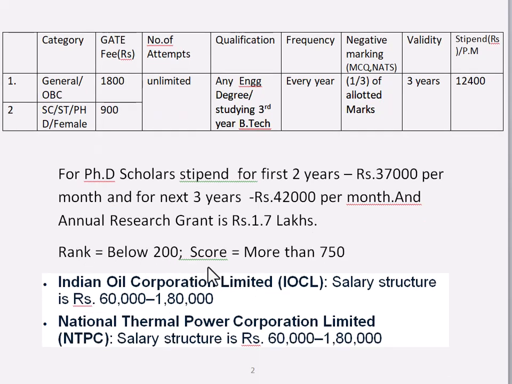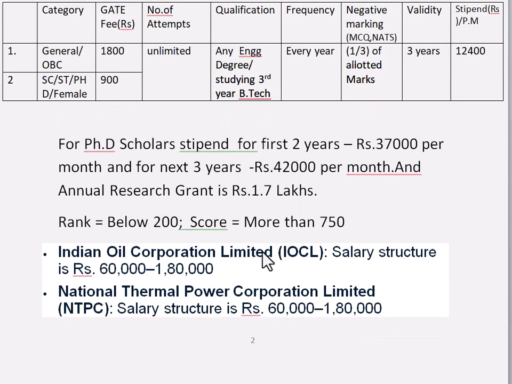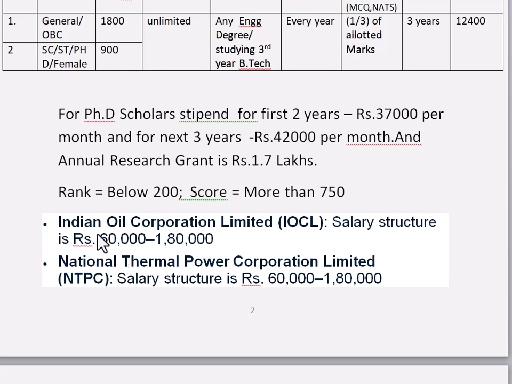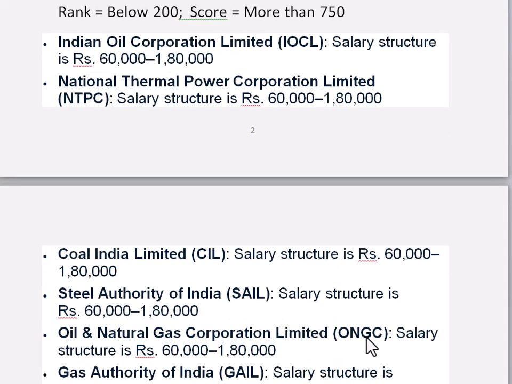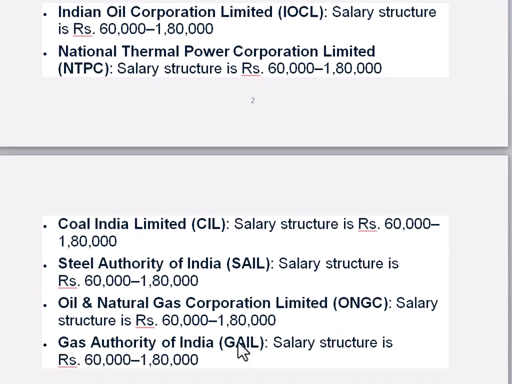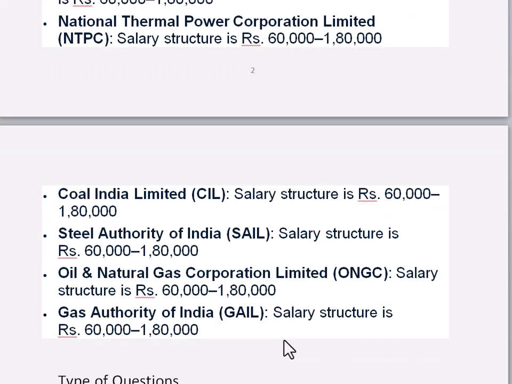If the rank is below 200 and score is more than 750, they will get jobs in the Maharatnas, that is public sector units, that is IOCL, NTPC, CIL, that is Coal India Limited, similarly Steel Authority of India, that is SAIL, similarly ONGC, similarly GAIL. In all these companies, the starting salary per month is 60,000.